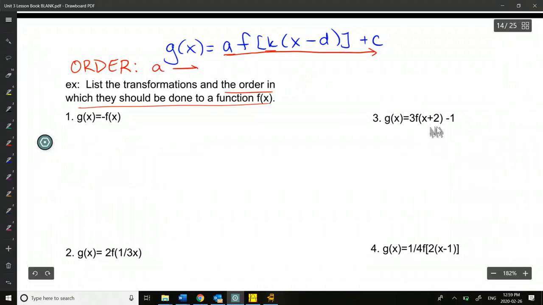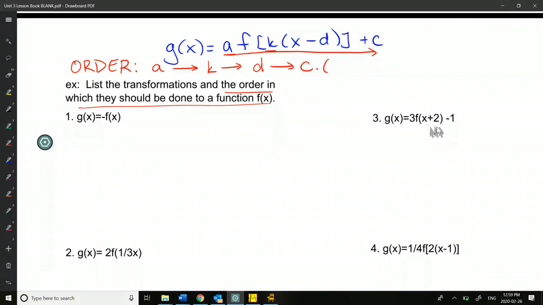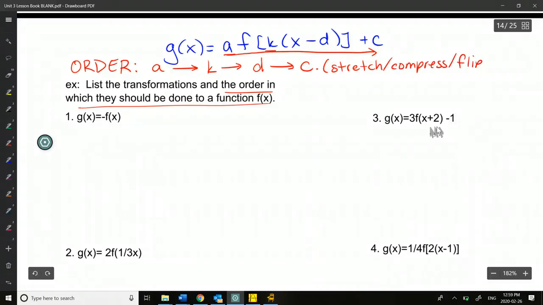So you're going to do A transformations, and then K transformations, and then D transformations, and then C transformations. Okay? So stretches, compressions, and flips first, and then shifts last.